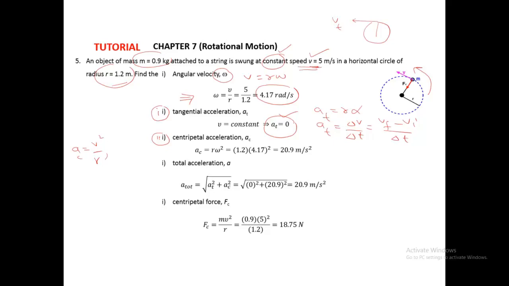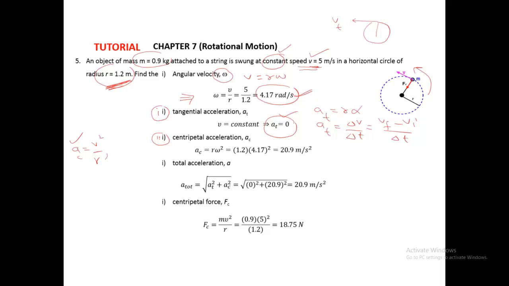Since you have omega, you can find it with the help of this formula, r omega square. r is given to you, and omega you just found here. And if you use this rule, you should get your answer close to this one.